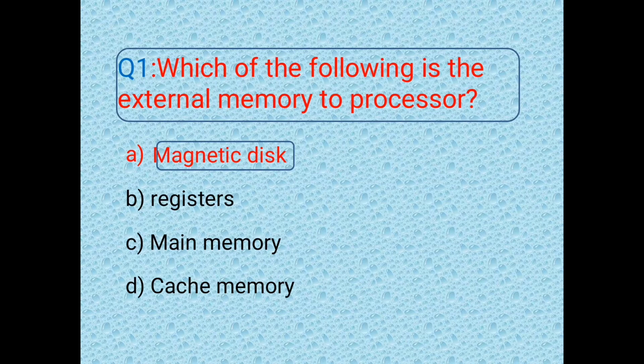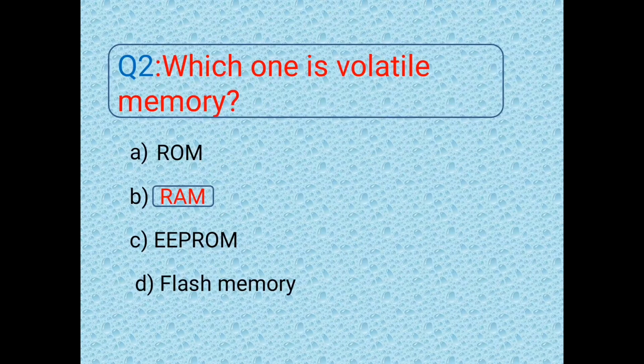The remaining three, the register, main memory, and cache memory, are internal memories. So memory is divided into two types: internal memory and external memory. The register, main memory, and cache memory are the internal memory of the computer, and the magnetic disk is the external memory of the computer system.